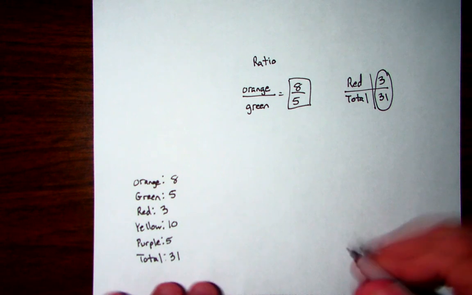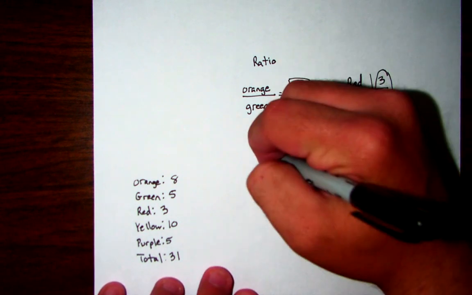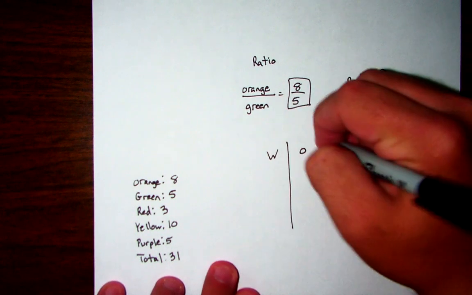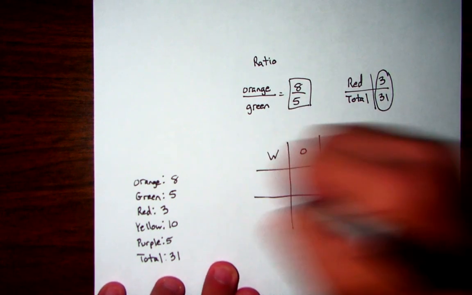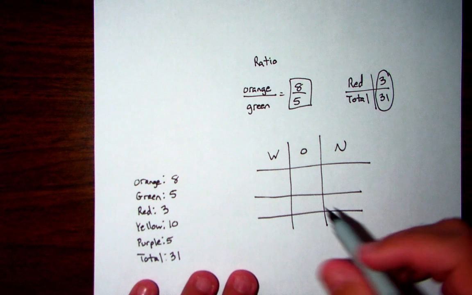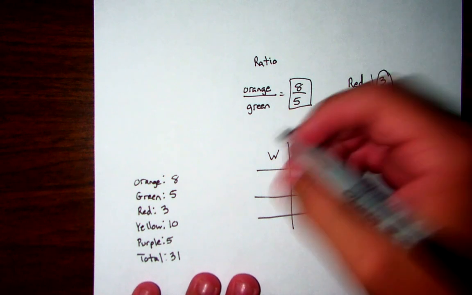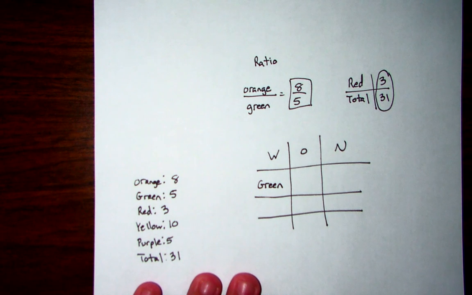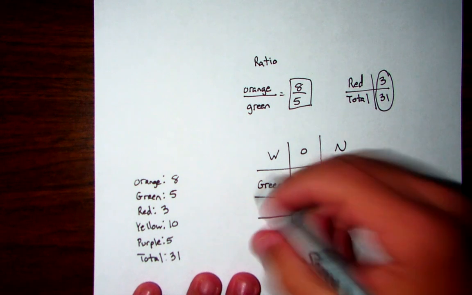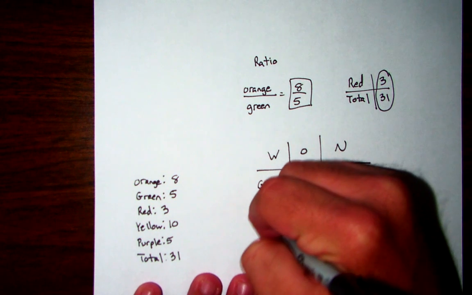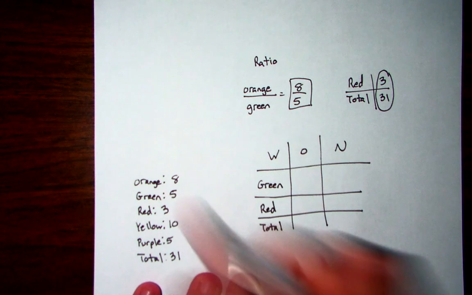Now let's say we have this. I'm going to create a WON chart, and I'm just going to create this problem off the top of my head. Okay, so let's say I want to compare my green Skittles to my red Skittles to my total Skittles. My green Skittles I have 5.